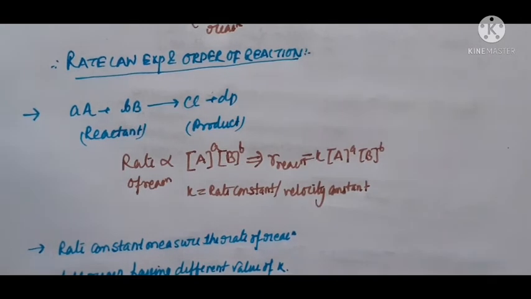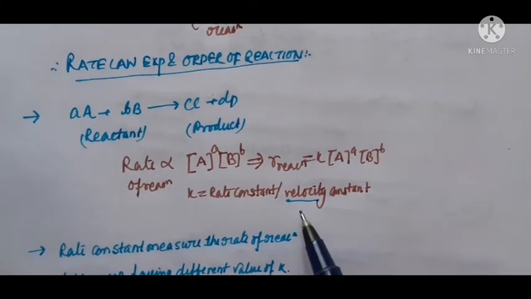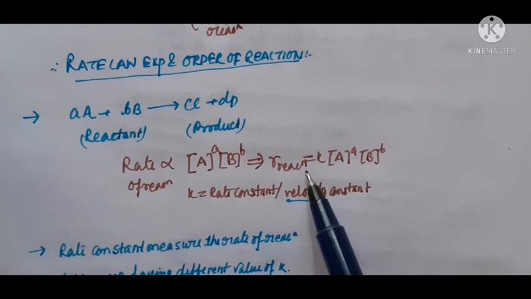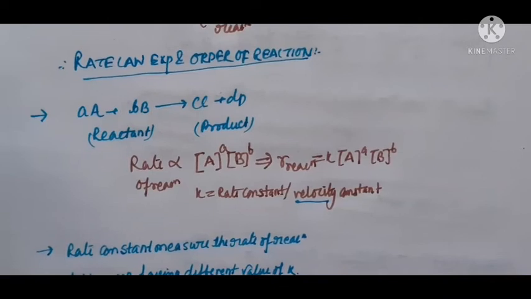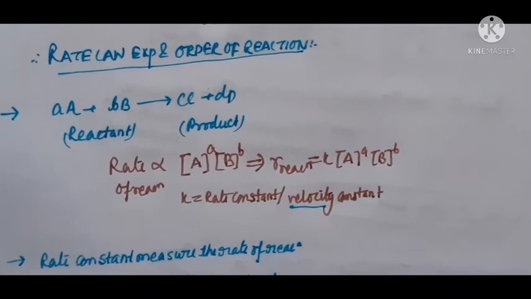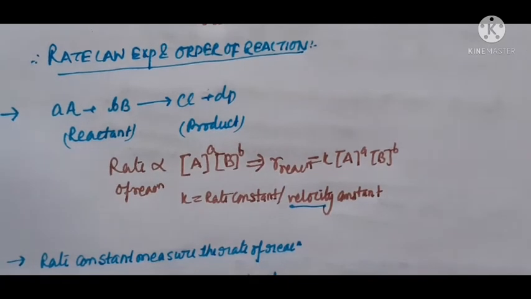Now there is a question: why do we say velocity constant? It is only due to the fact that the chemical reaction takes place in a specified direction. Therefore, we can call K the velocity constant.